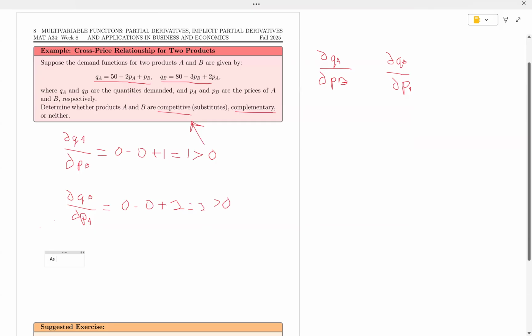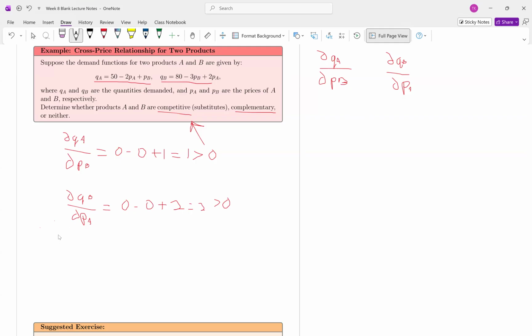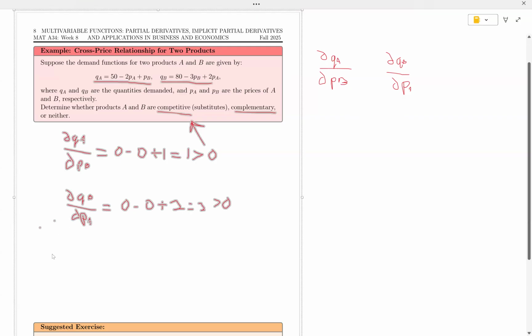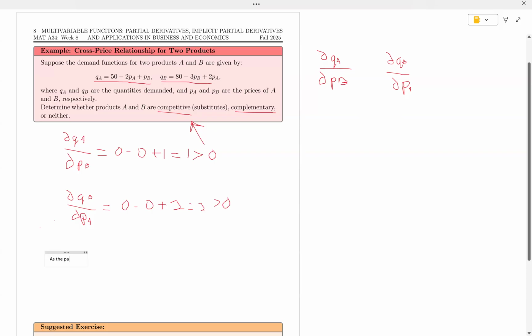As both cross price partial derivatives are positive, the products are competitive.